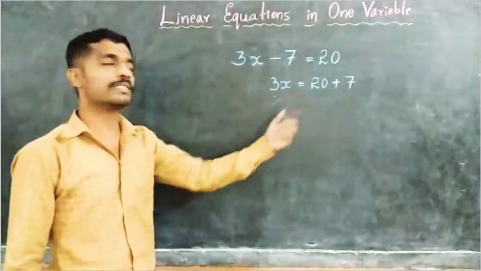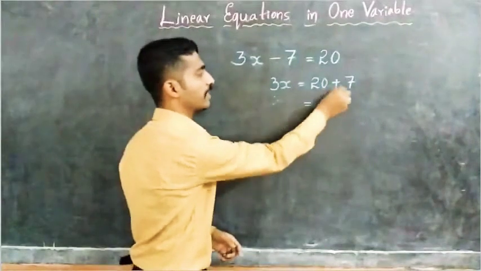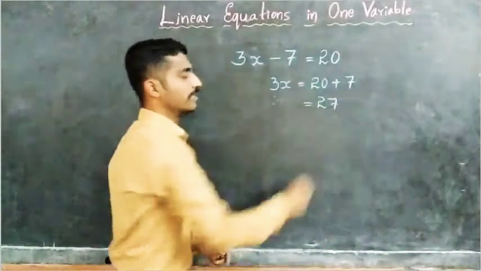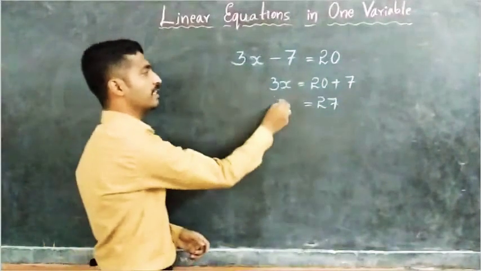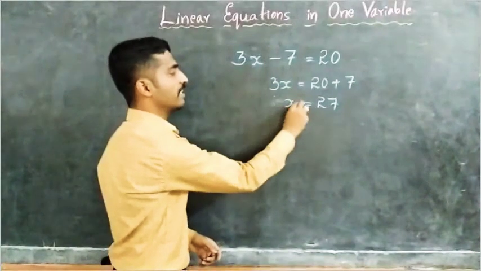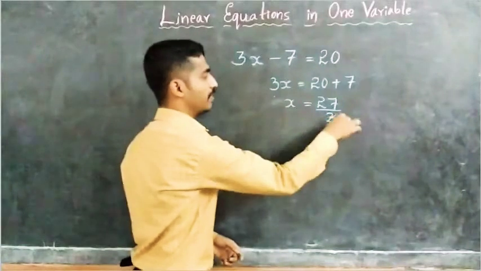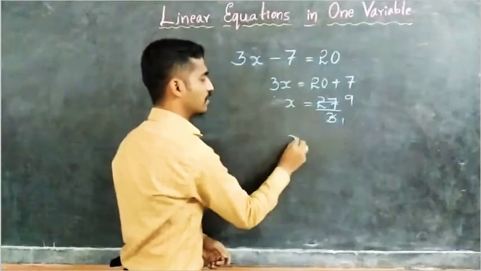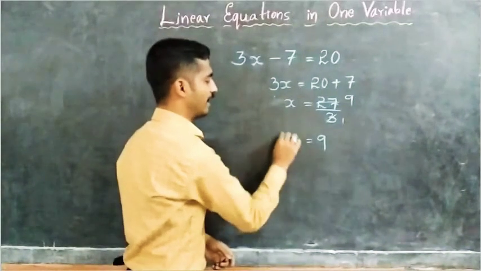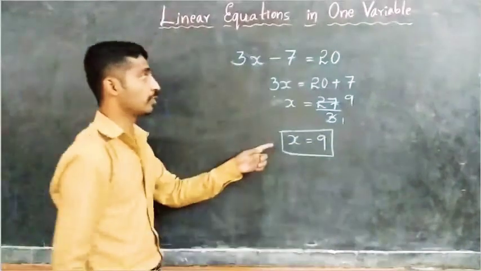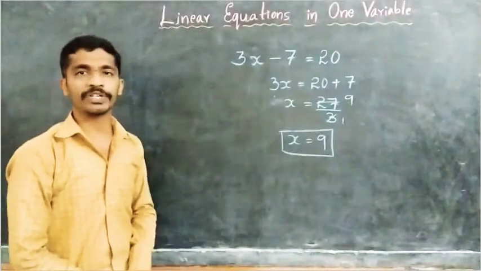So 20 plus 7 you will get 27. Here 3x is there, so if I take 3 to that side, it becomes division. 3 nines are 27, so x equal to 9. This is our solution for the given equation.